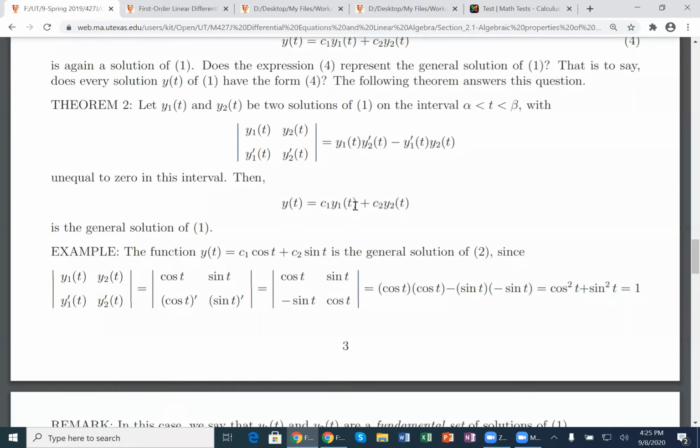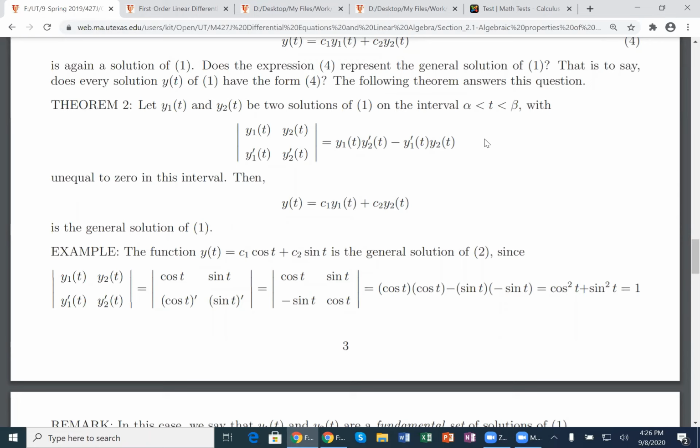However, it does not necessarily mean that this is not the general solution, because this is not the general solution only if this is equal to 0 for any t from an interval. Does this answer your question?